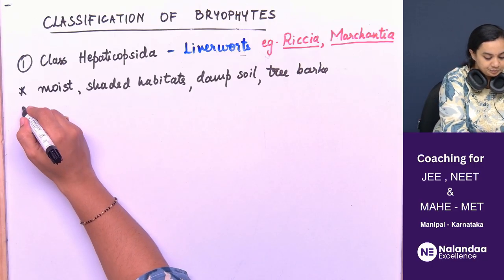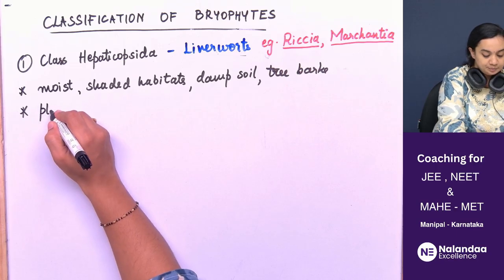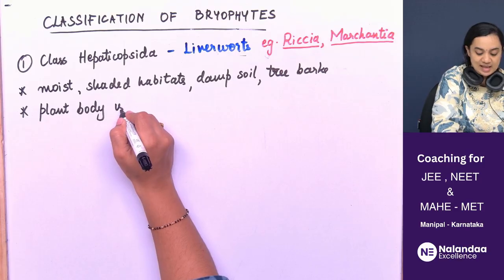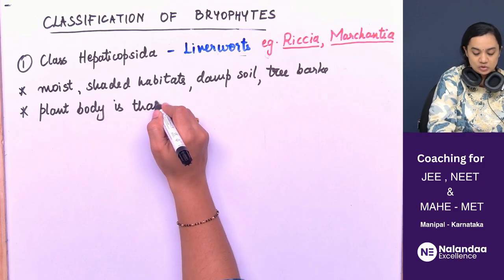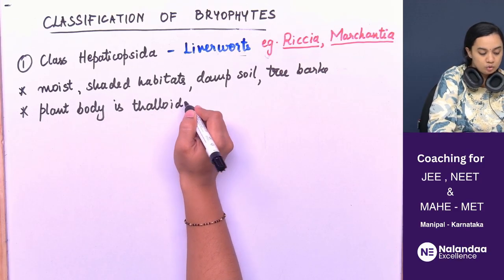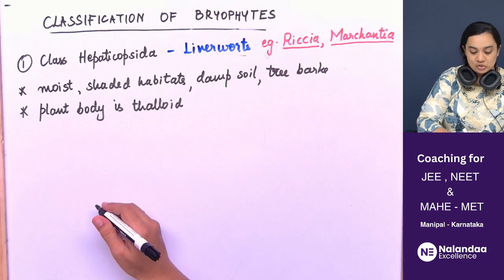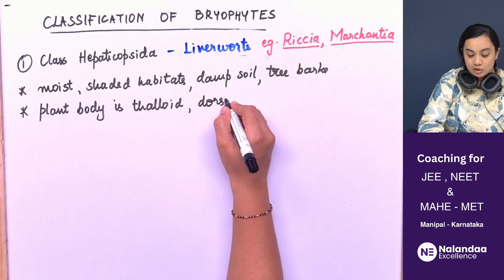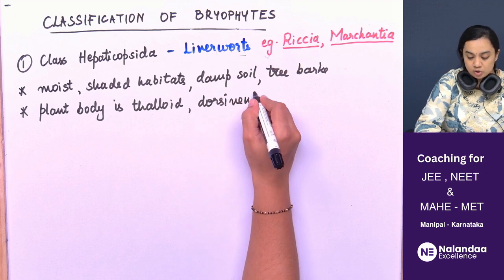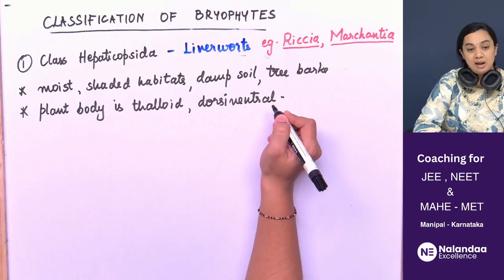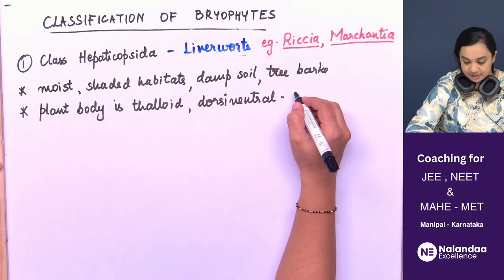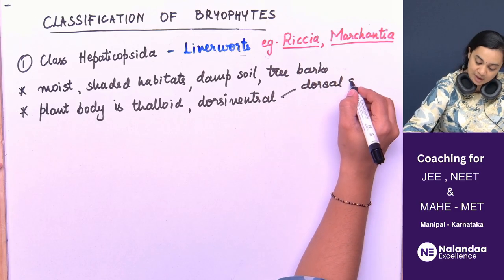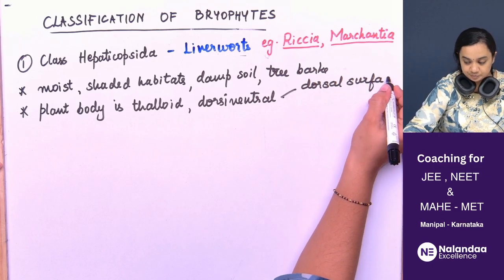And then the plant body of liverworts is thalloid. Thalloid means it is not properly differentiated into true roots, stems, and leaves. The plant body is thalloid and dorsiventral. What does dorsiventral mean? The plant body can be clearly differentiated into a dorsal surface and a ventral surface.